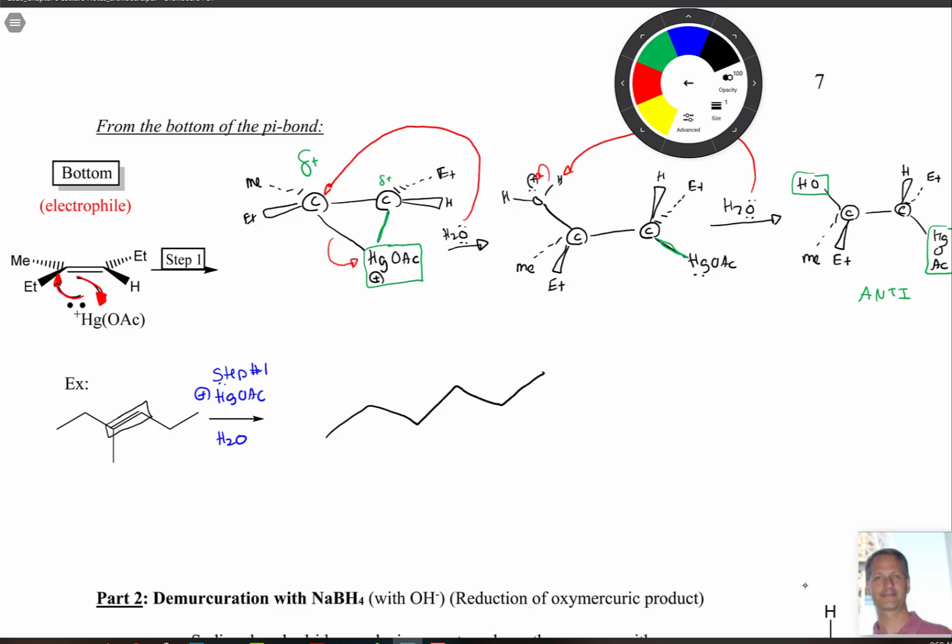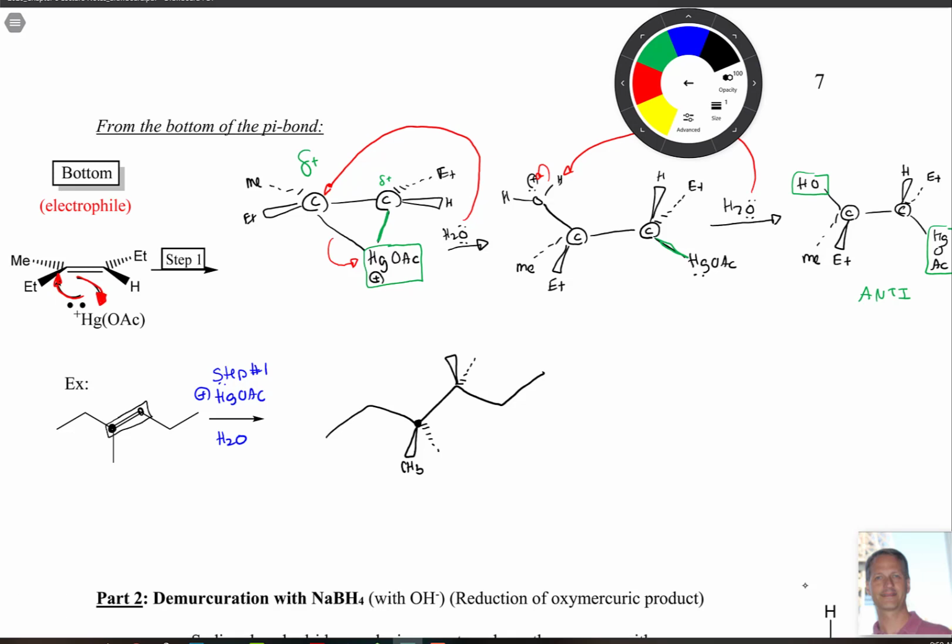So down here below, we're going to start off at this carbon. We're going to have a methyl group pointing back, and then over here we're going to have to put an atom. And at this other carbon, we're also going to have a wedge and a dash.